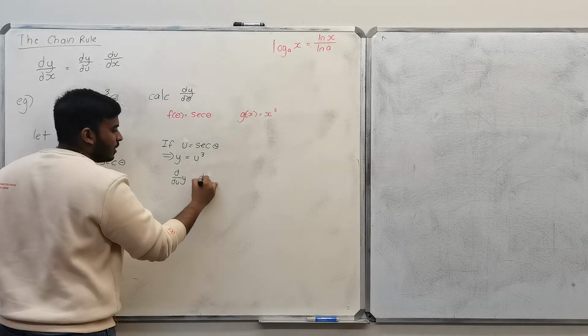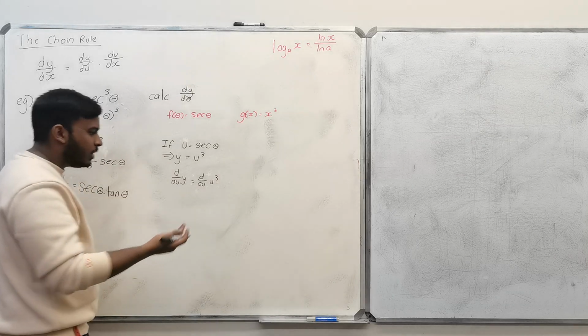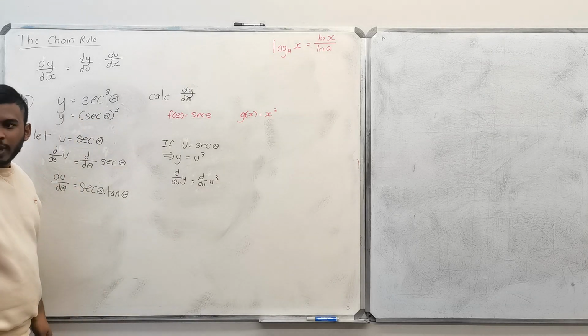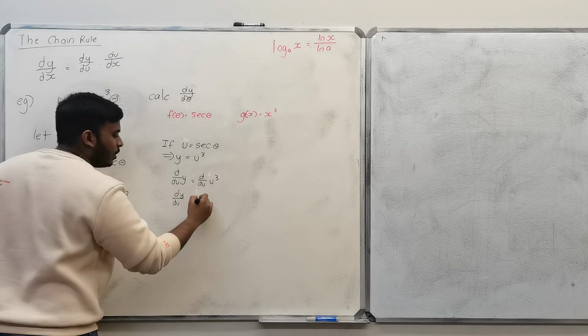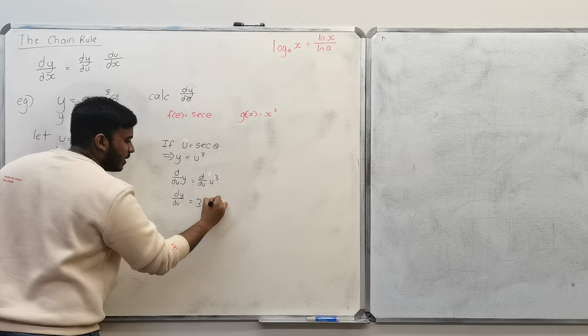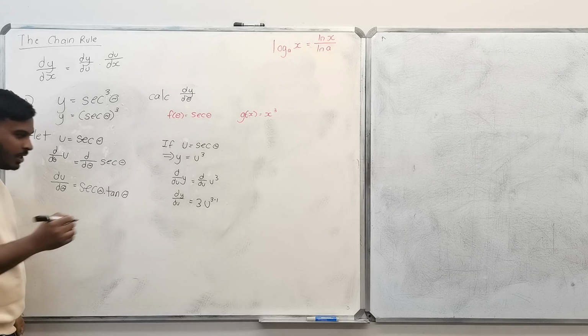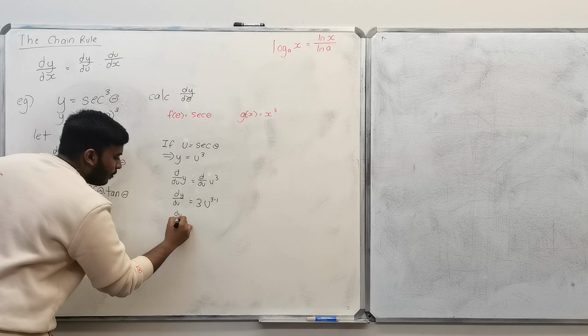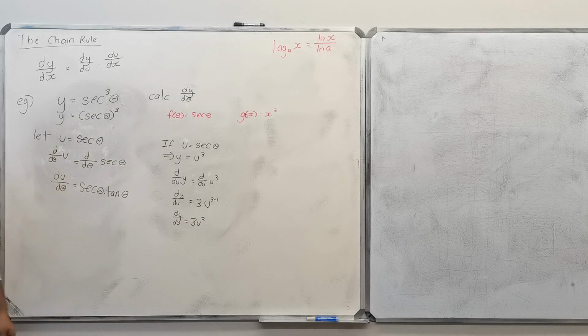That will be d over du times u cubed. Which rule is that? Rule 1, right? So dy over du is equal to 3 u to the power 3 minus 1. Yes, everybody knows that? So dy over du is equal to 3u squared.